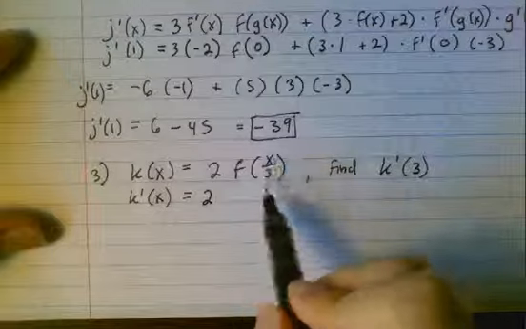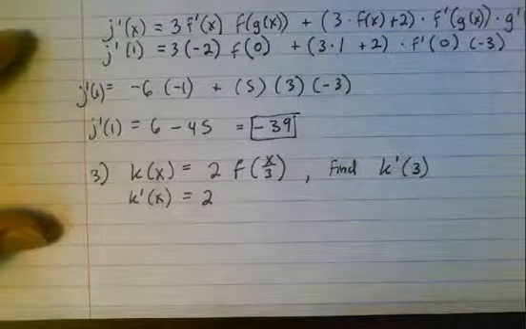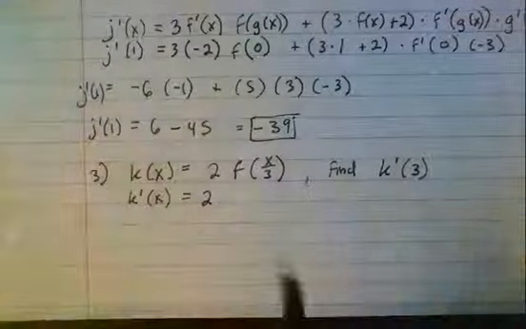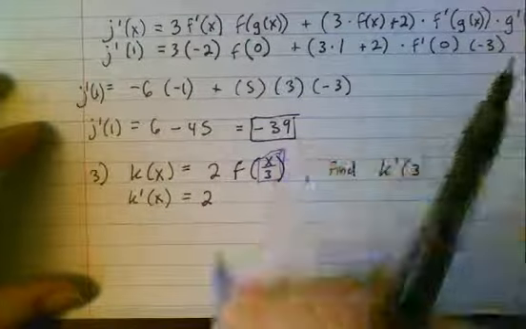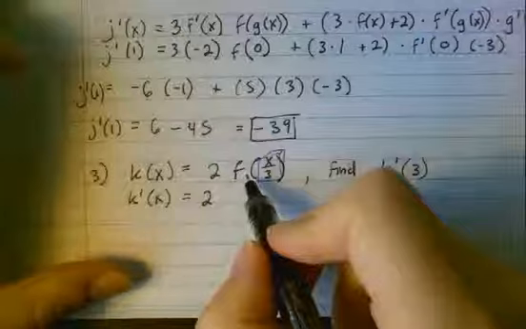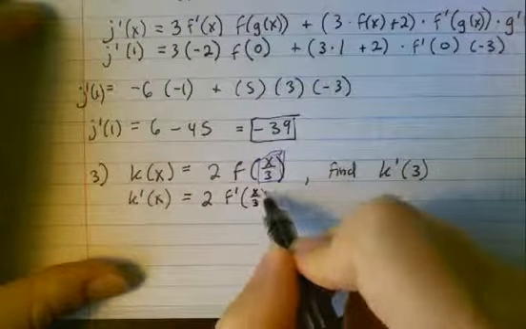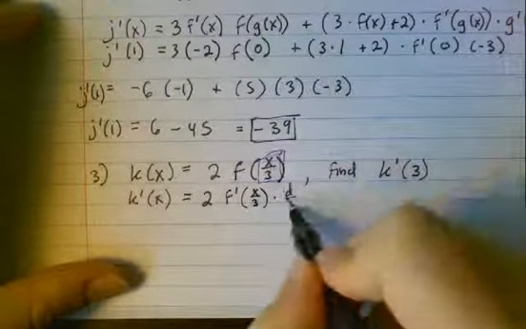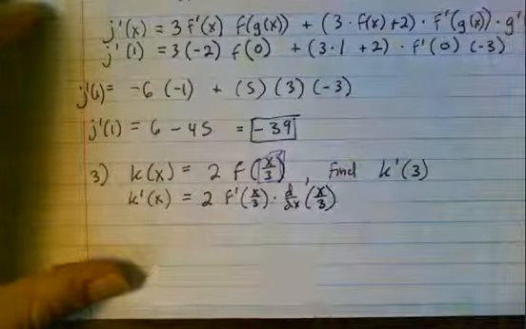Here we see a chain rule again. We have an outside function, the f, and the inside function, the x over 3. So I'm just going to put a little box around this to remind me of what's going on. And I know that I'm going to take the derivative of the outside function and leave the inside function the same. And then I'm going to take the derivative of x over 3.